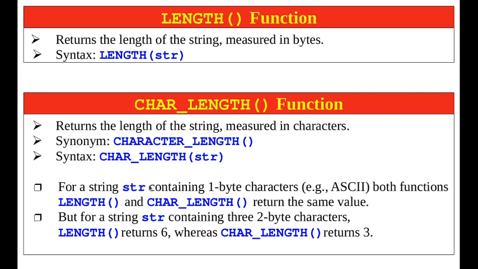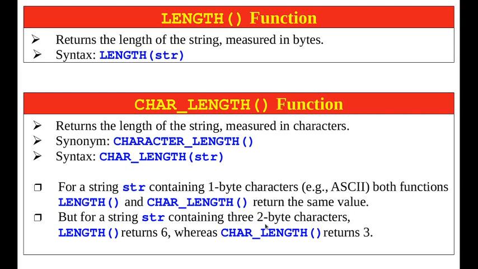So for these, length function and char length function return the same value. But if you use 2 bytes characters, then length function and char length function, they will return different values.